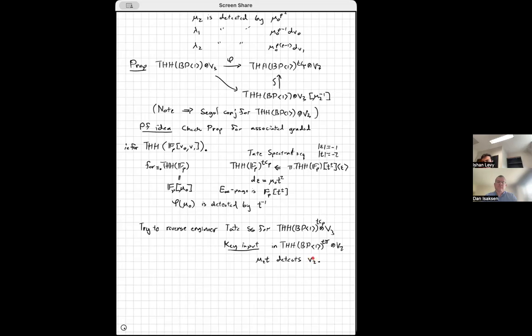So the element V2 coming from the sphere, the homotopy groups of the sphere mod P and V1.